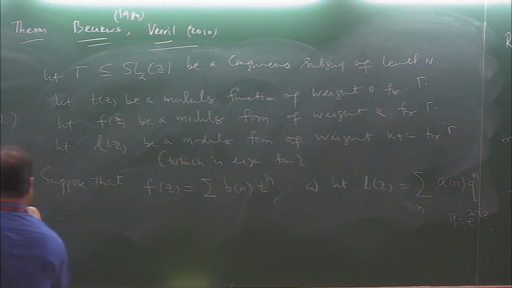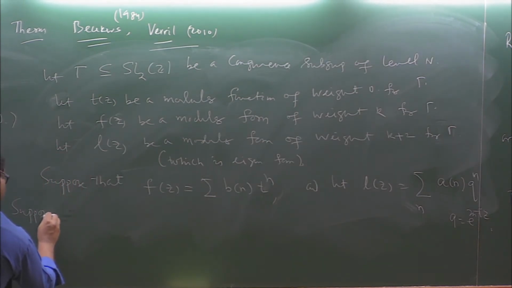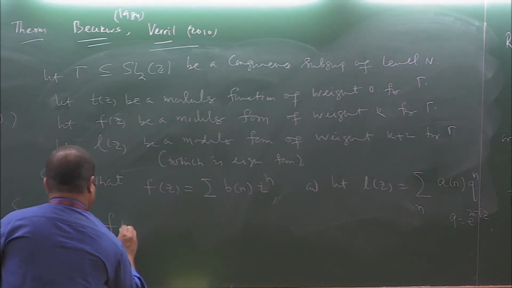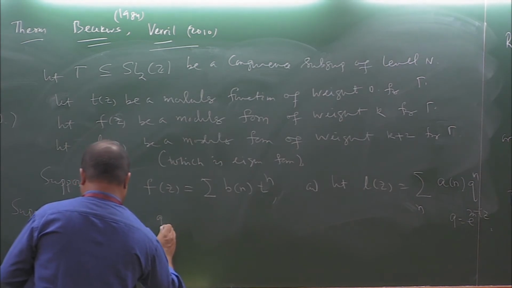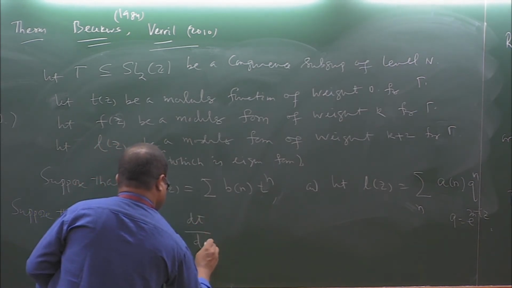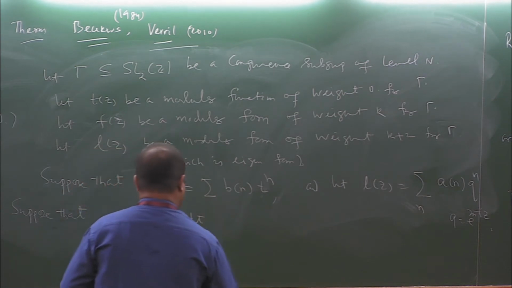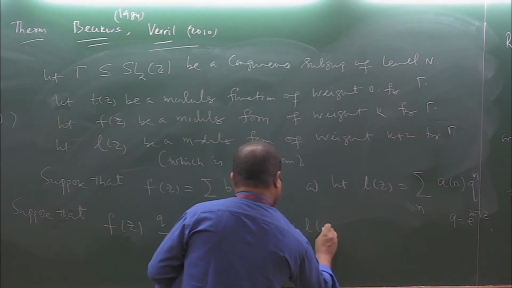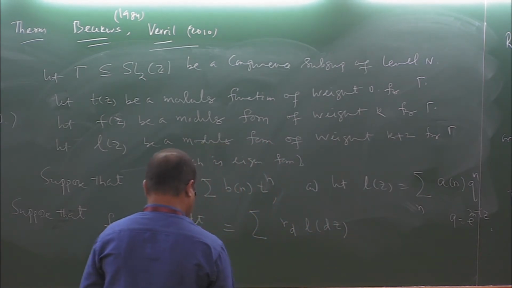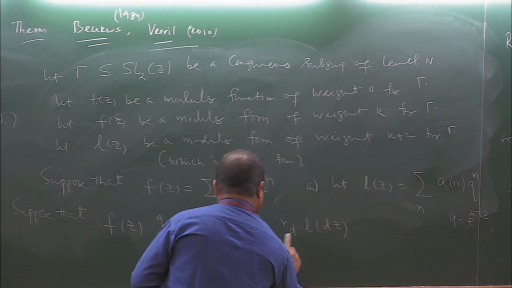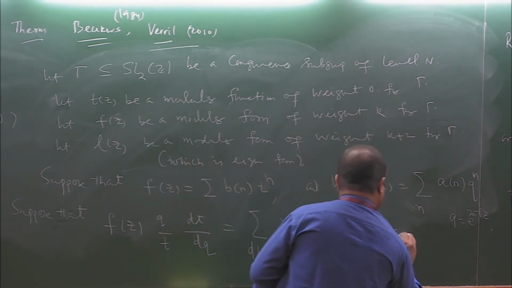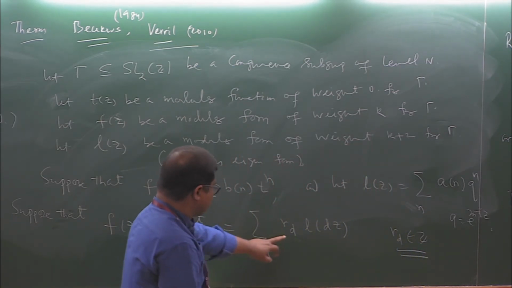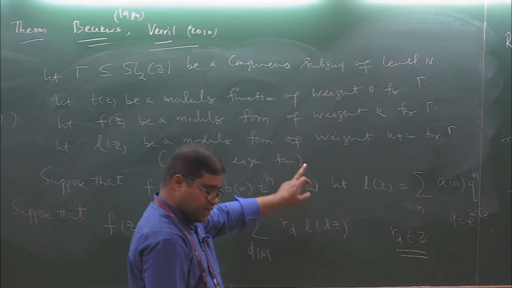And suppose that (q d/dq) of f(z) can be written as a linear combination of dilations of this modular form L, where the gamma_d are some integers, an integer combination of dilations of the L Hecke eigenform. That's what I'm assuming.